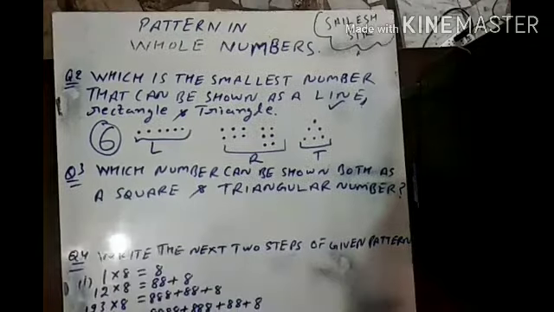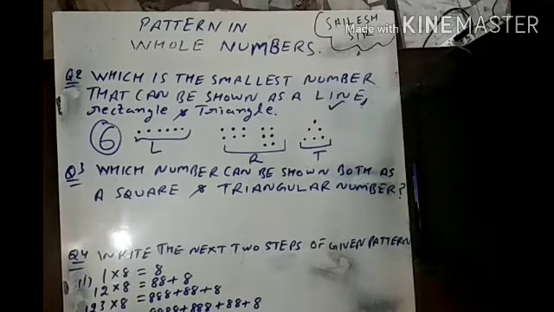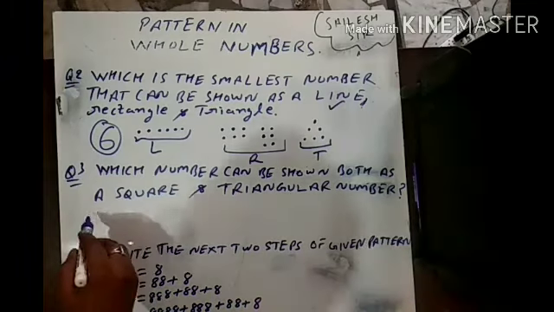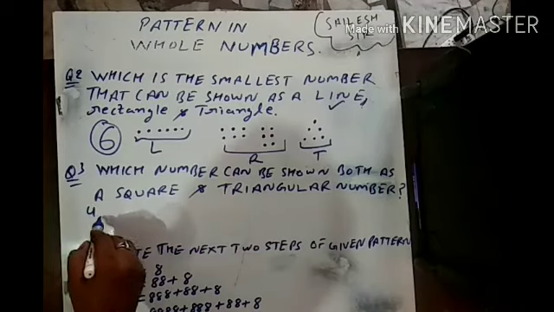Now the next question is, which number can be shown both as a square and a triangular number? Square and triangular. So which are the square numbers? I start from 4.